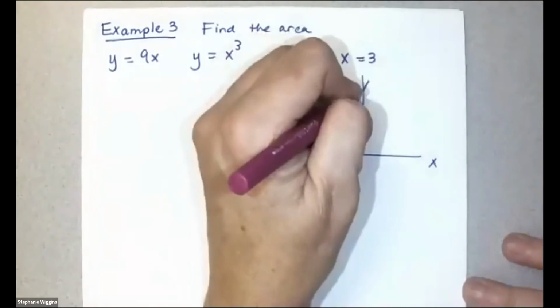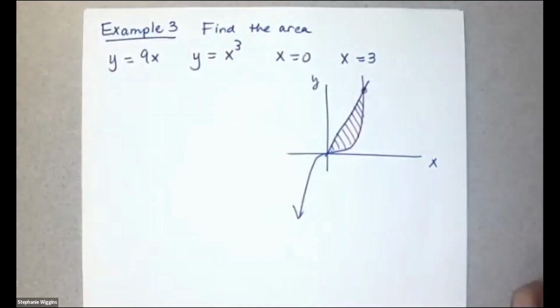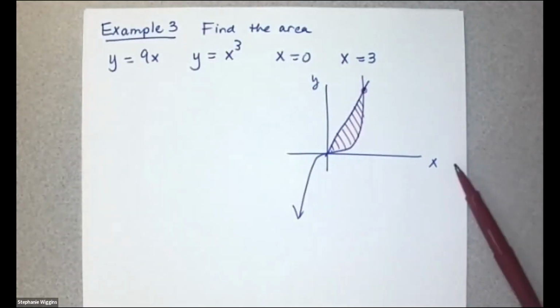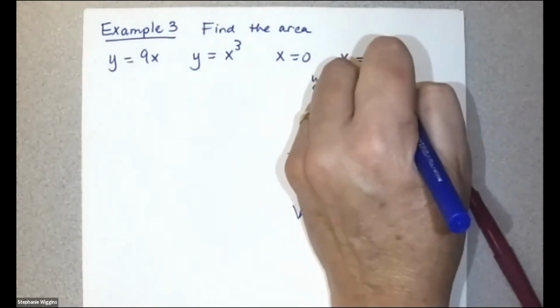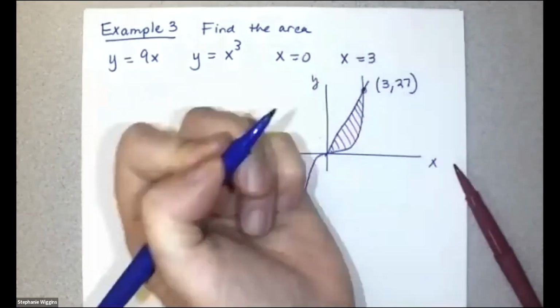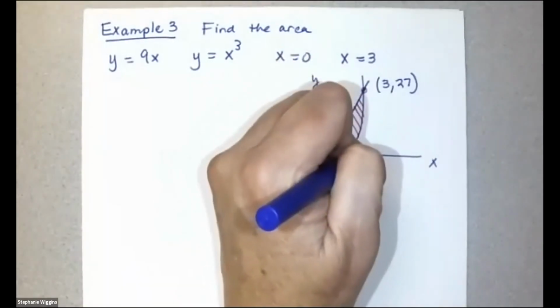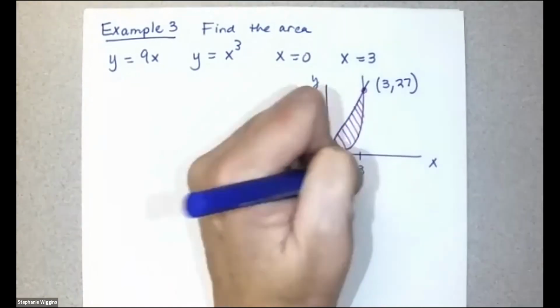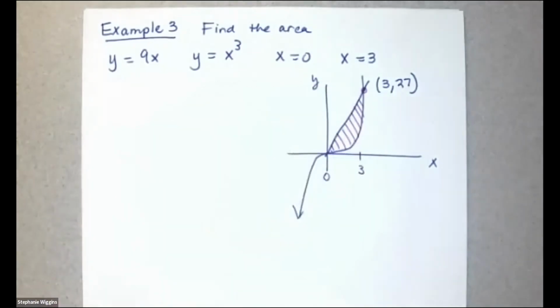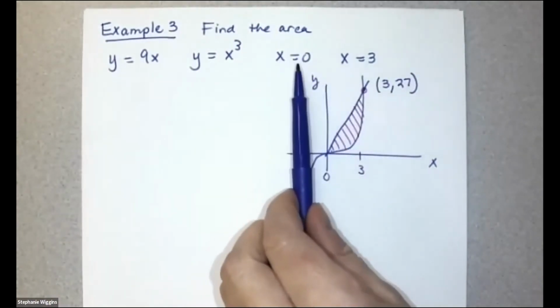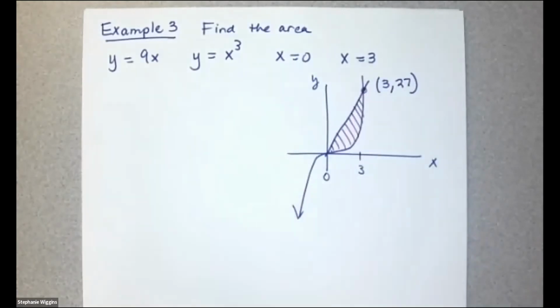And this point here is when x equals 3 and y equals 27. That's the intersection point there. So you're integrating from 0 to 3. That's why they give you x equals 0 and x equals 3.